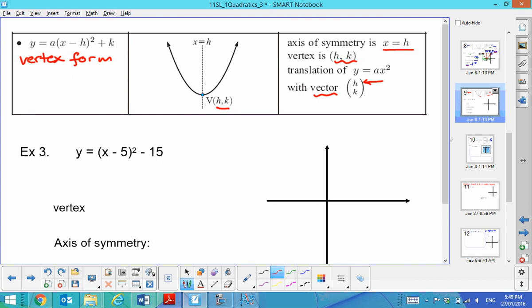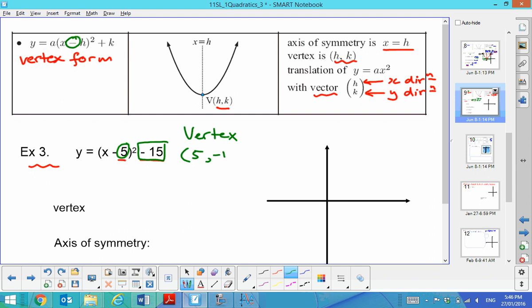This is saying that it's like a coordinate, but it's describing how a function's being moved. So the h refers to the movement in the x direction, and the k is referring to the movement in the y direction. That's my abbreviation for direction, because it's a long word to write out. So for this function, for example, if I've got 5 and -15, remember it's set up as a minus, so our vertex is at 5 and -15.